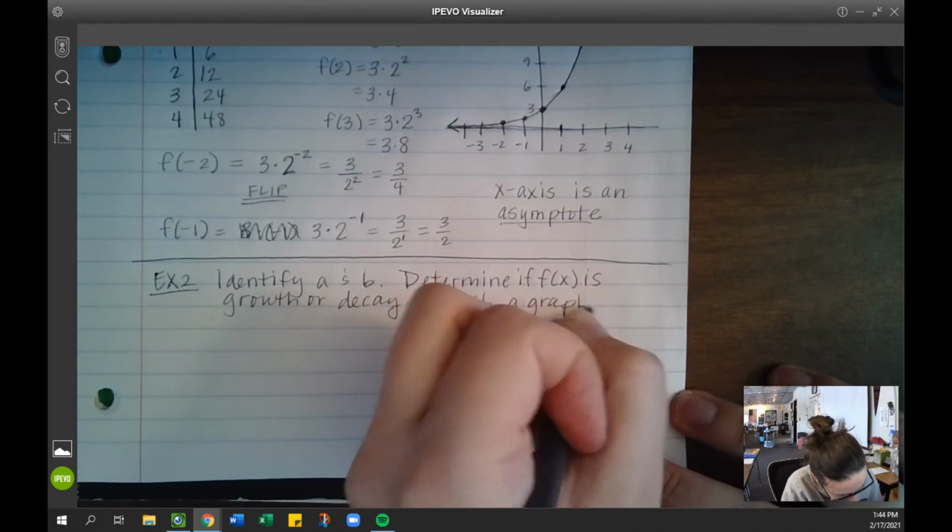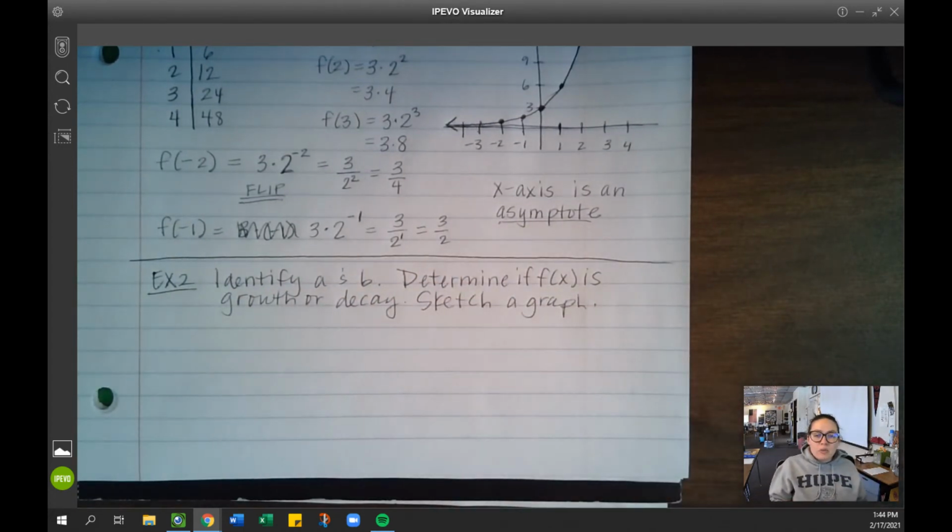Now, for these graphs, we aren't going to get super in detail. We're just going to do kind of a rough basic sketch. We're not going to make an XY table and plug in a bunch of points and everything. Just kind of an overview.